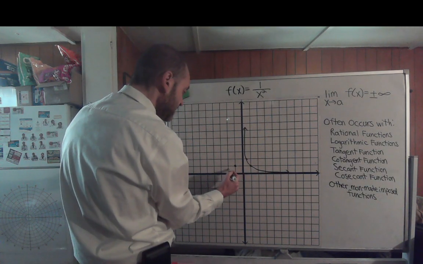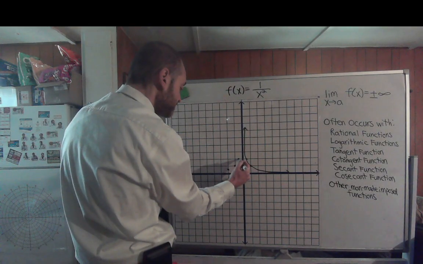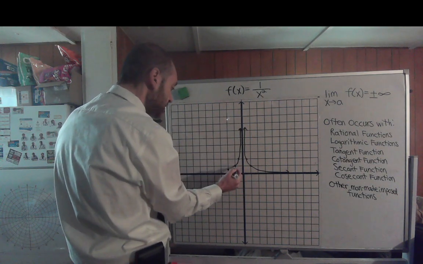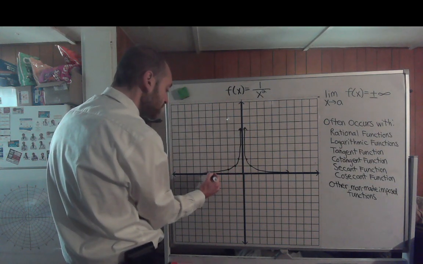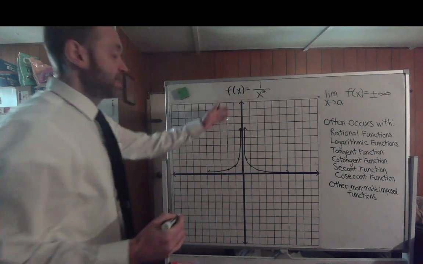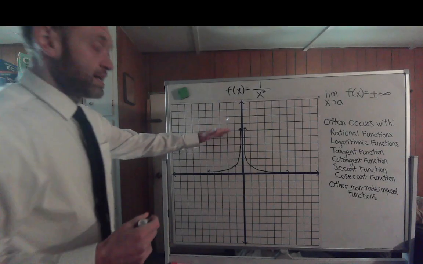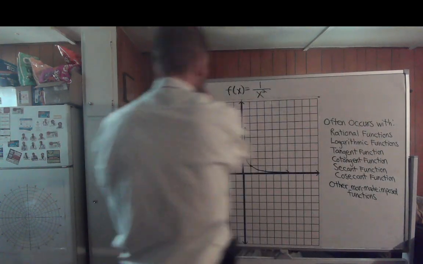If we do the left branch of it, so there's f of x equals 1 over x squared. This time, let's take, once again, the left-handed limit.